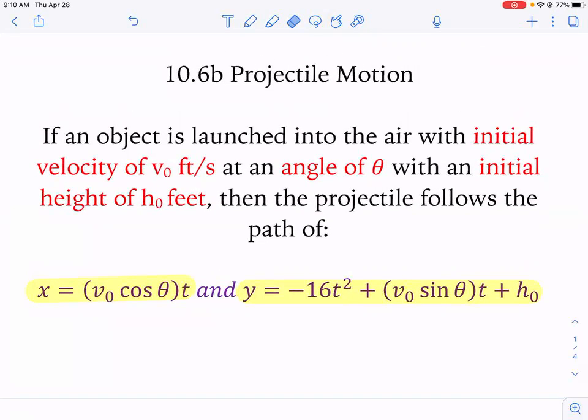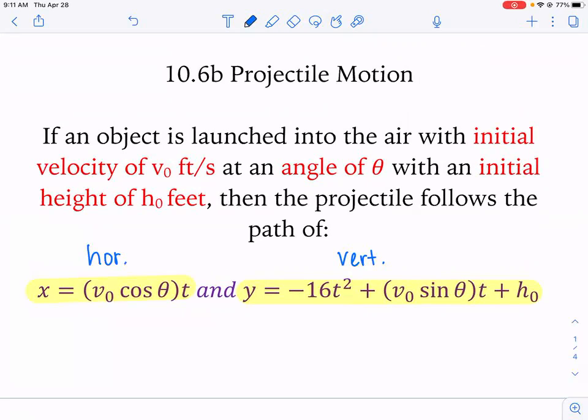We can separate our horizontal distance from our vertical distance and analyze them in terms of time. So I can plug a t in for time and figure out how far the projectile has gone horizontally and how high it is off the ground.